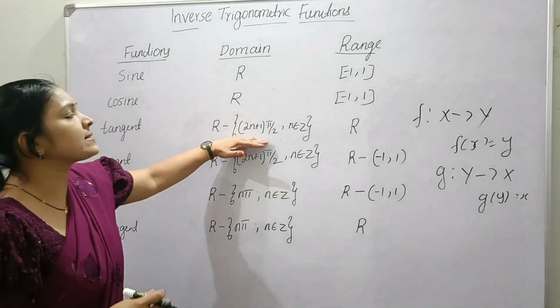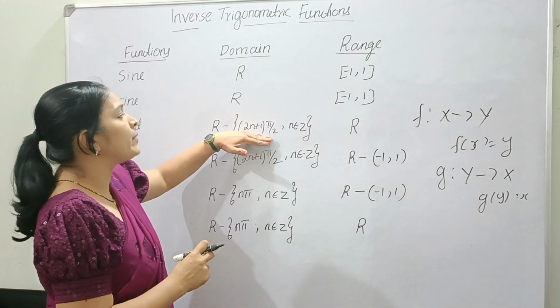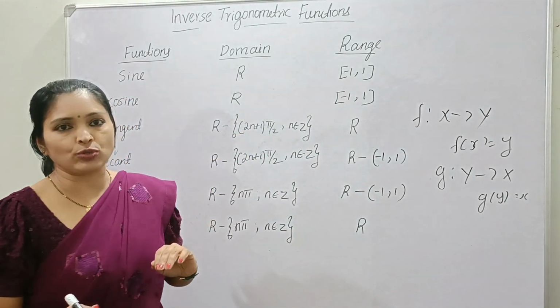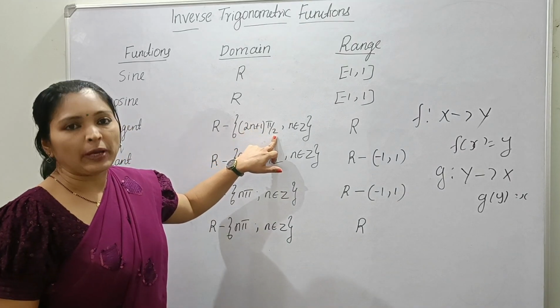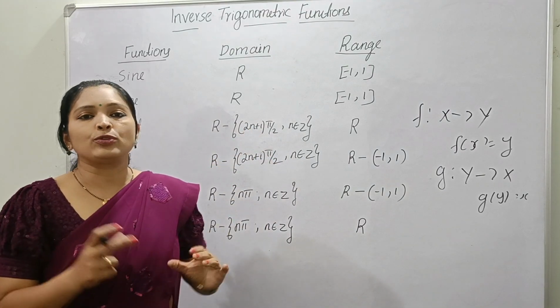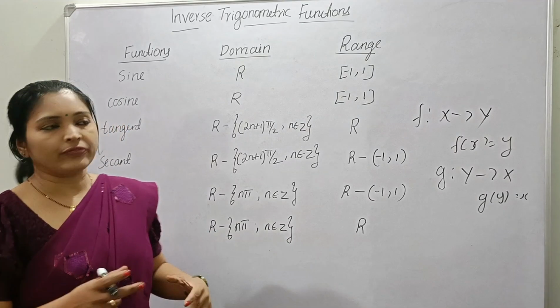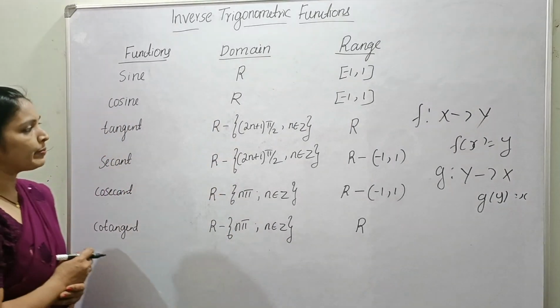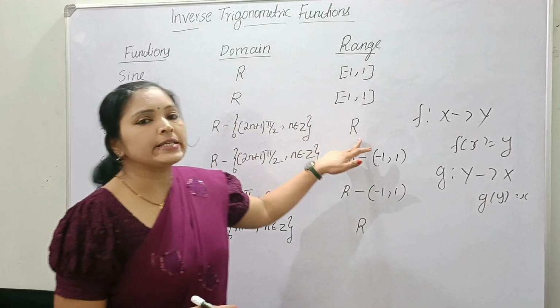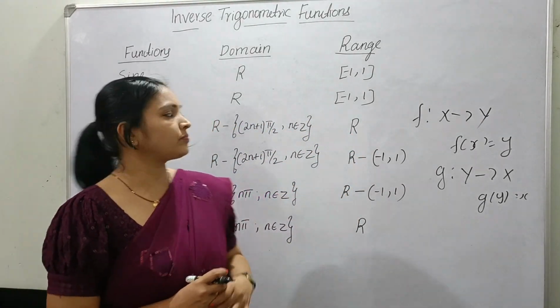When you substitute n = 0, you get π/2, and cos π/2 is 0, so it is not defined. Therefore its domain is R minus (2n+1)π/2, n belongs to Z, and its range is the set of real numbers.